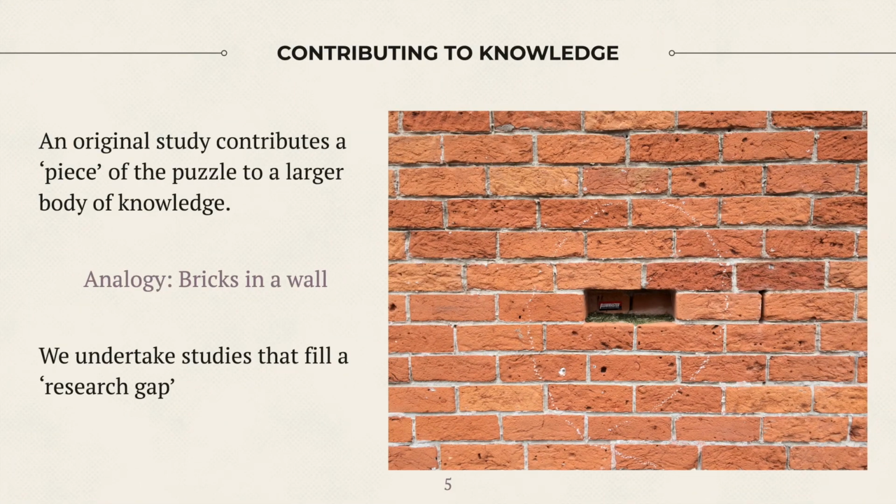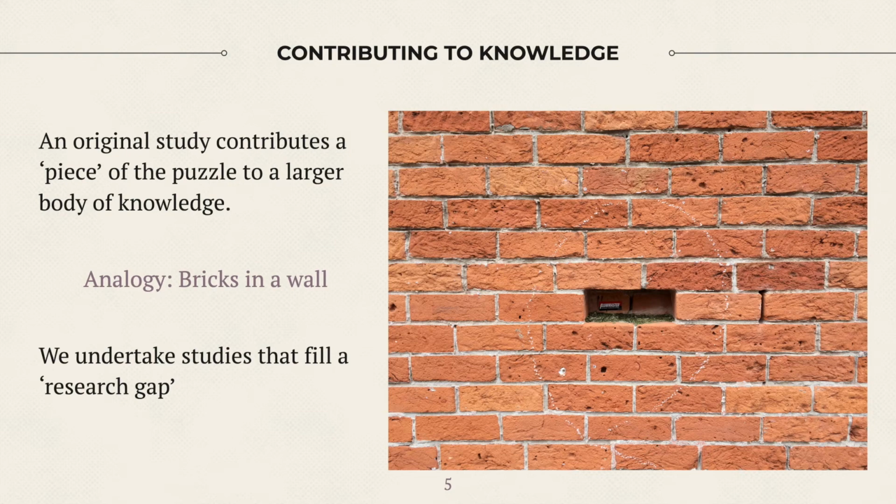One way to think about knowledge contribution is to think about a brick wall. And every single brick in that wall represents a study or a contribution to the body of knowledge on the topic that we're looking at. So an original study is really one brick. It's just a piece of the puzzle that we contribute to a larger body of knowledge. So in this case, I have an image here of a brick wall.